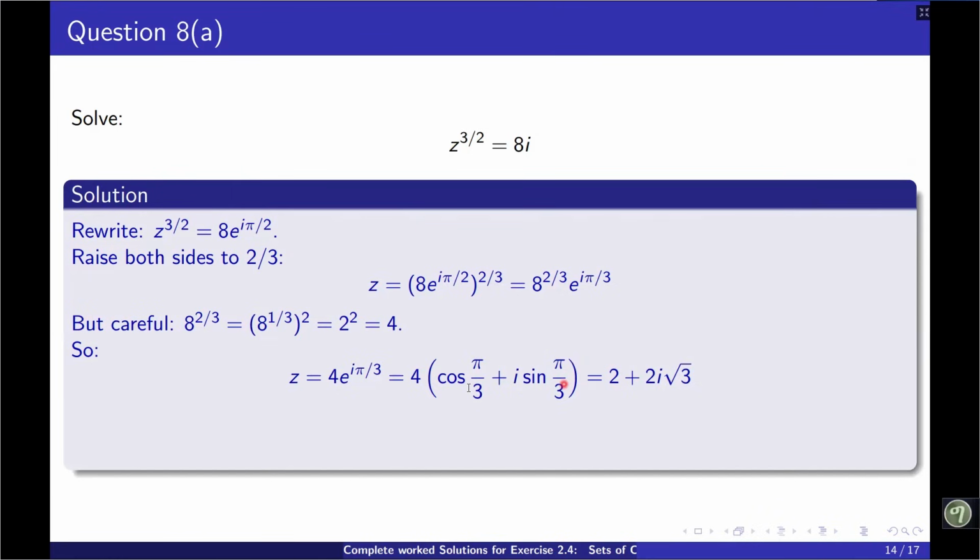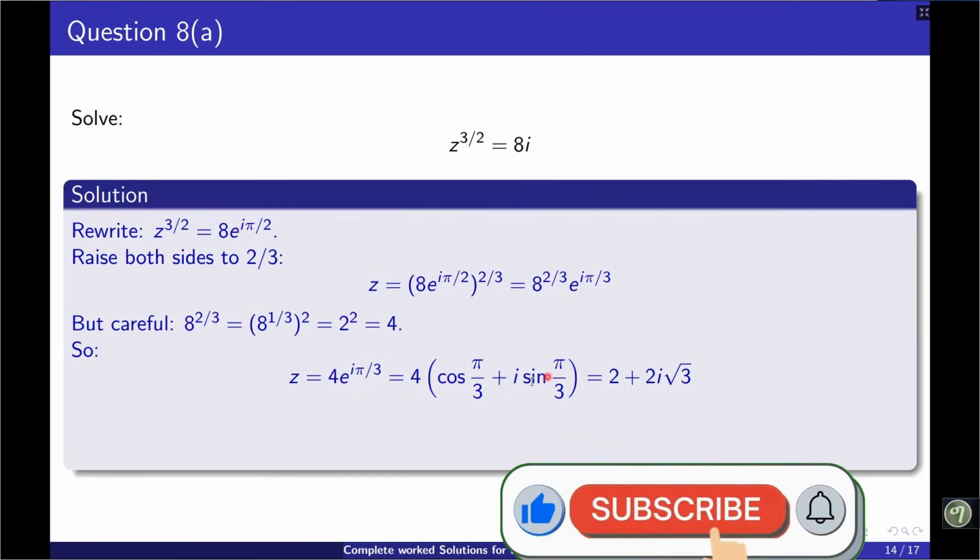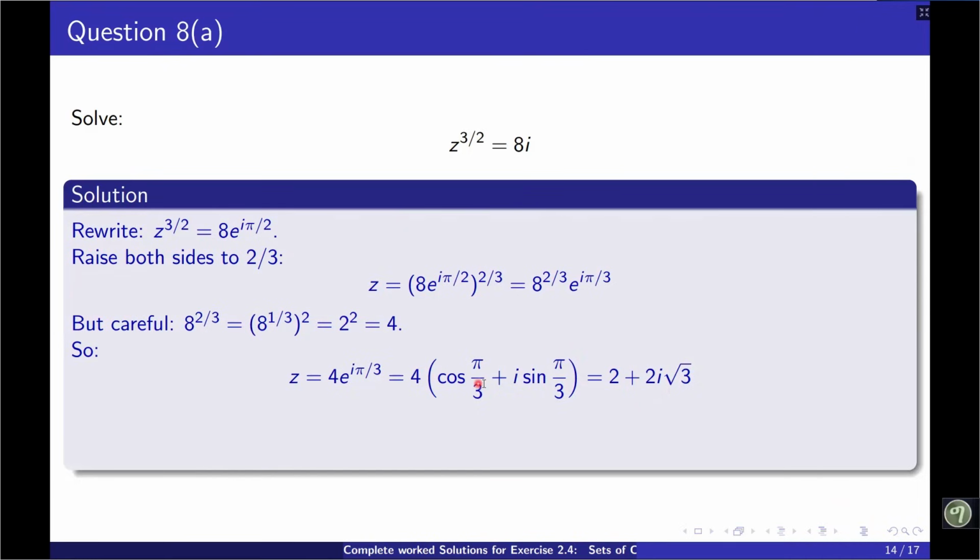Cosine of pi over 3 is 1 over 2, and sine of pi over 3 is radical 3 over 2, which could be further simplified to 2 plus 2i times radical 3.